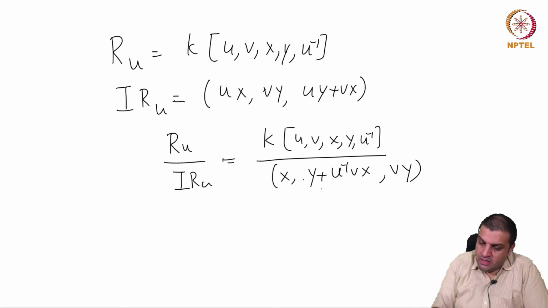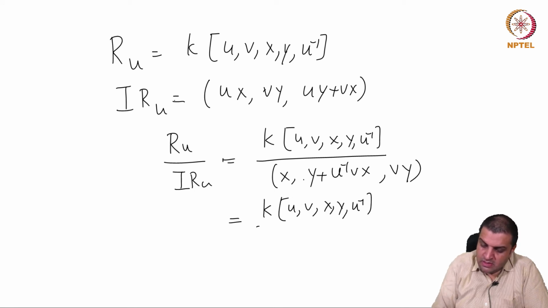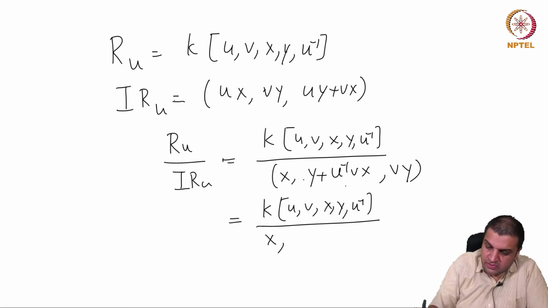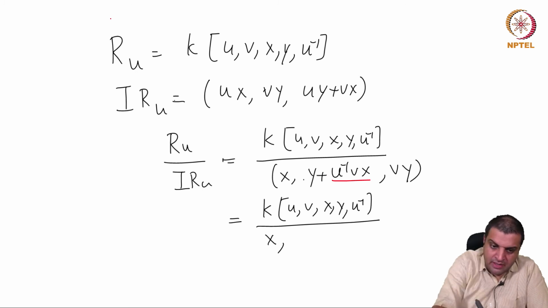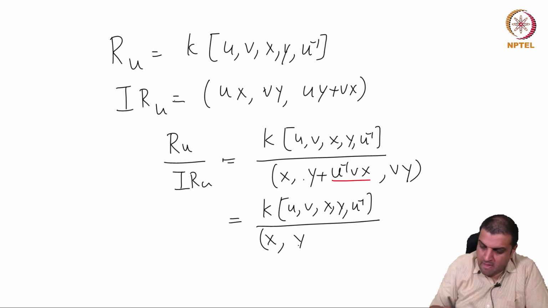Now, in this ideal, we have u v x y u inverse modulo. There is x here, and if x is there, then one does not need this second term here, because this is just a multiple of x. So one just needs y. And if one has y, one does not need this term.